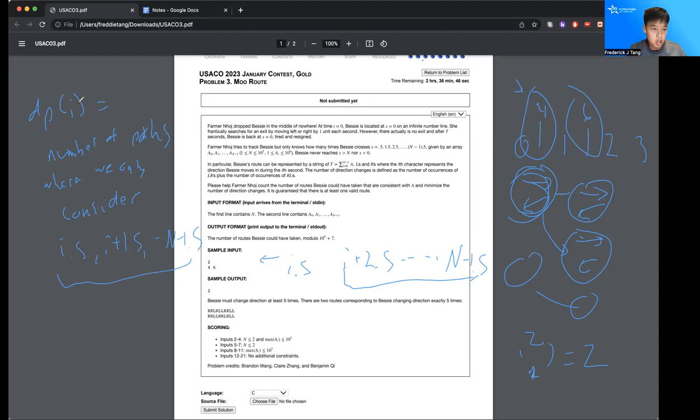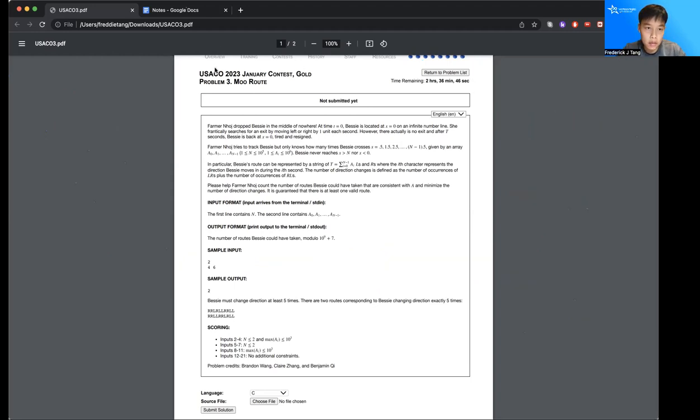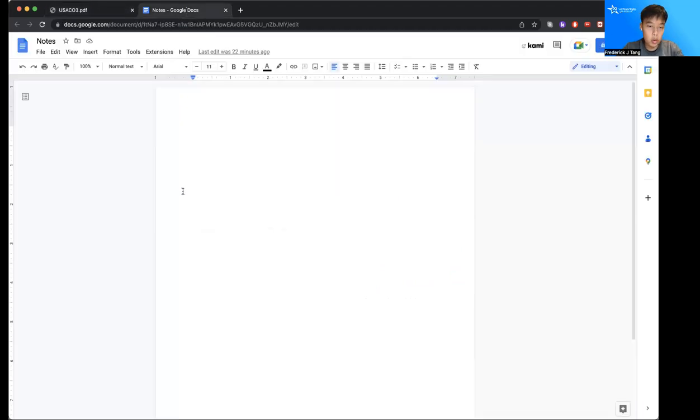So we can write this out more formally. We have 2 cases, right? When we start from DPI, if A of I is greater than A of I plus 1, the number of paths for the current one is just, no, it's not n, it's A I over 2, right?